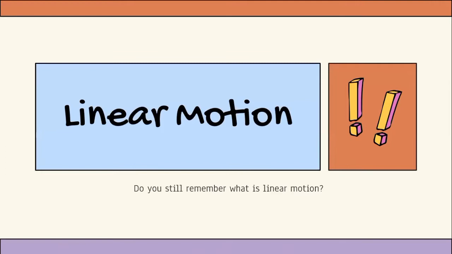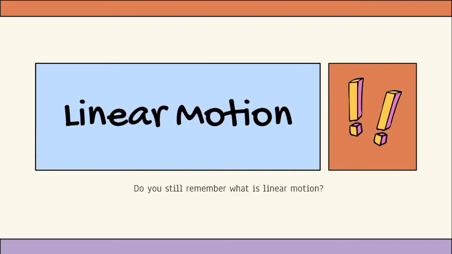So before we go to today's lesson, do you still remember what we have learned in the previous class? Do you still remember what is linear motion? Motion in a straight line. So how can we describe a linear motion?